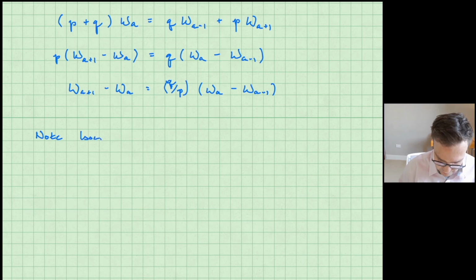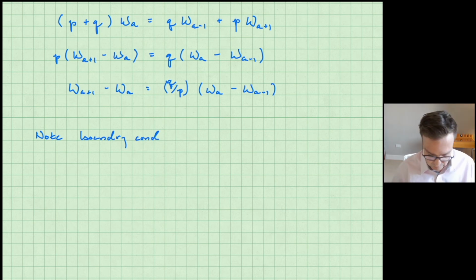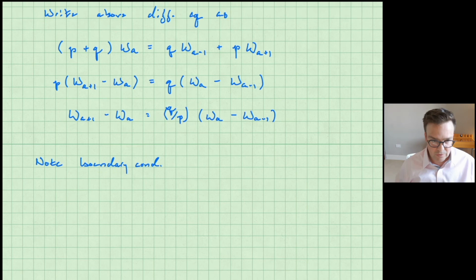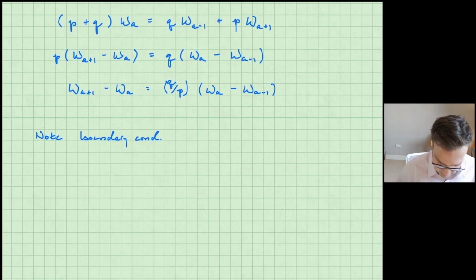Which we mentioned when we were looking at the plot. So what are our boundary conditions? If only I could spell, huh? What are the boundary conditions for W? What could W be if you started off with no capital, so A was equal to 0?